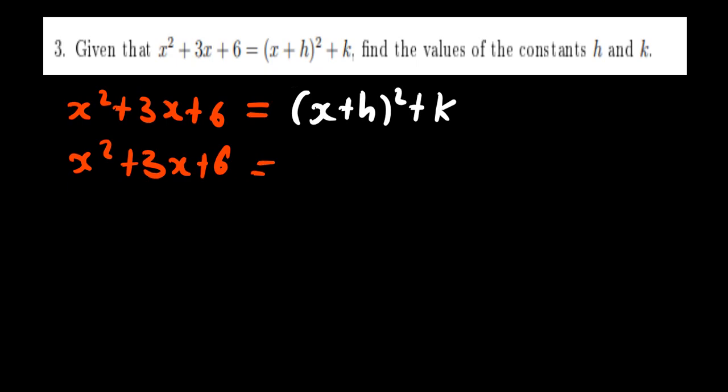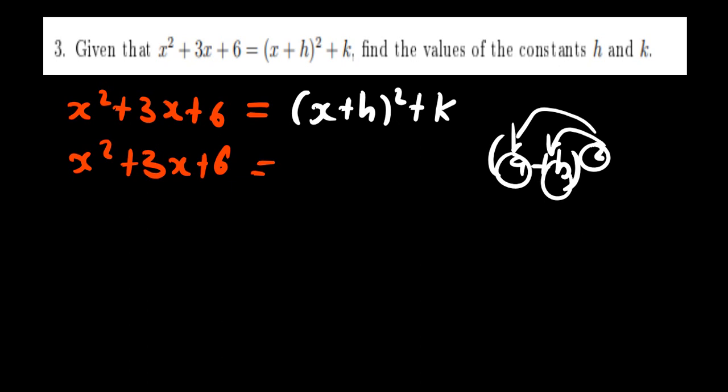Remember, if I've got a plus b, all squared, the simpler way is to square this one, square that one, then multiply 2 by a by b in the middle.